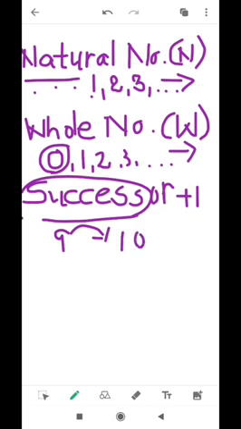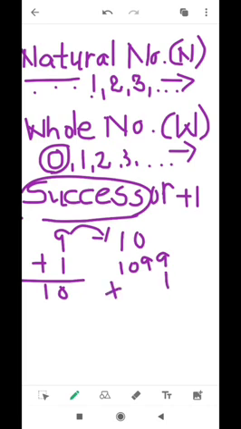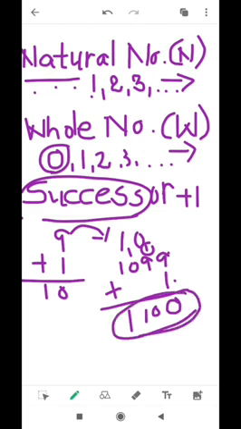Or you can say, if you will add 1 to 9, then you will get 10. If I will ask you the successor of 1099, then what you are going to do? You are going to add 1 in this. So 9 plus 1, 10, 0 down, 1 up. 10, 0 down, 1 up. 1 and 1. So 1100 is the successor of 1099. So this is what we mean by successor.